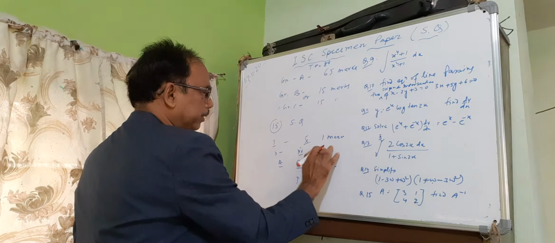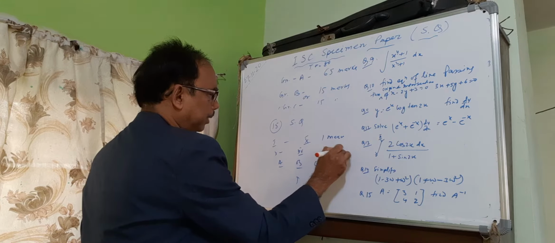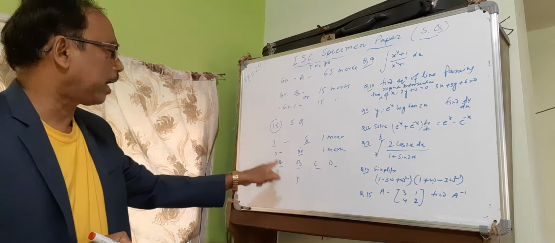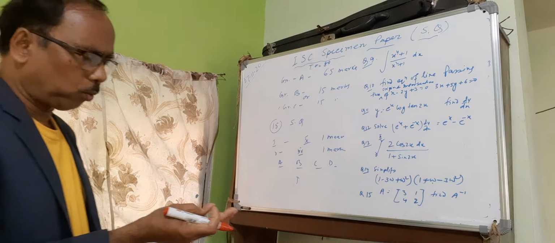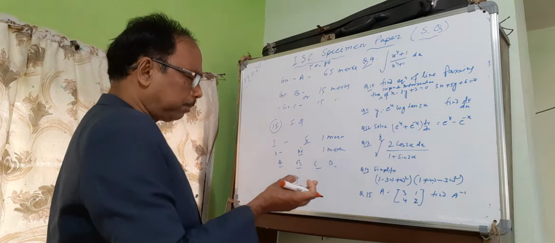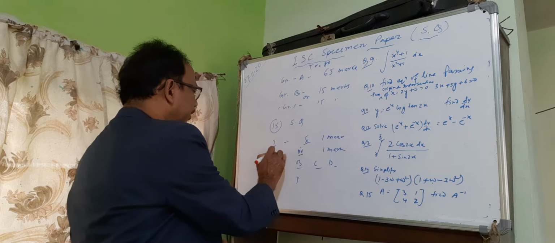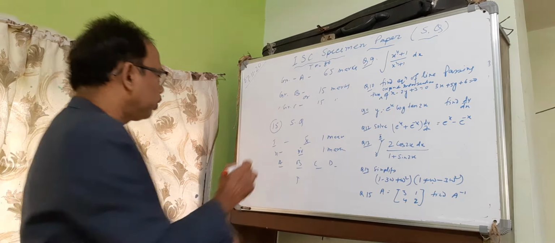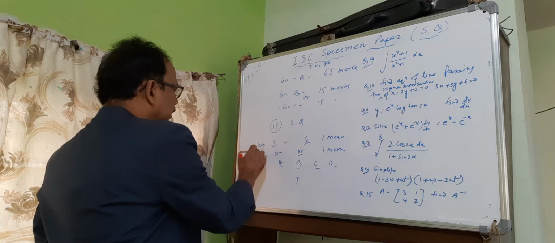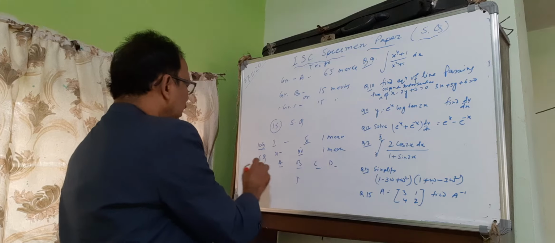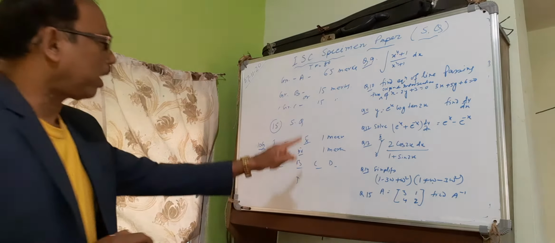From 10 to 15, 1 mark questions. Here is 10 questions, and here is 5 questions. 10 questions are multiple choice, and the remaining 5 questions are 1 mark each.